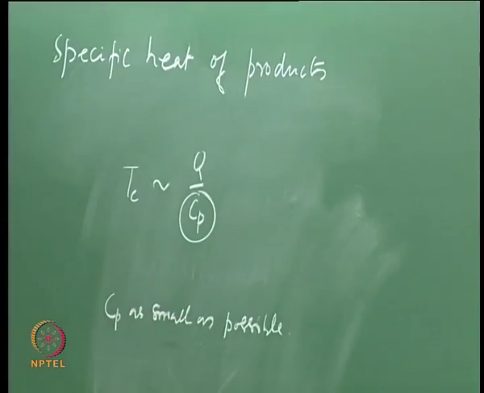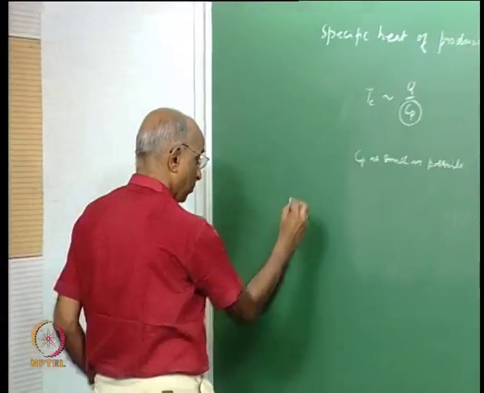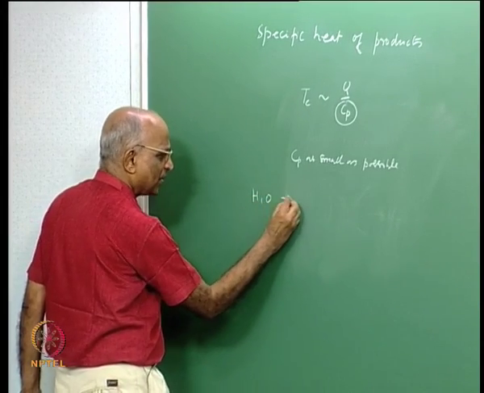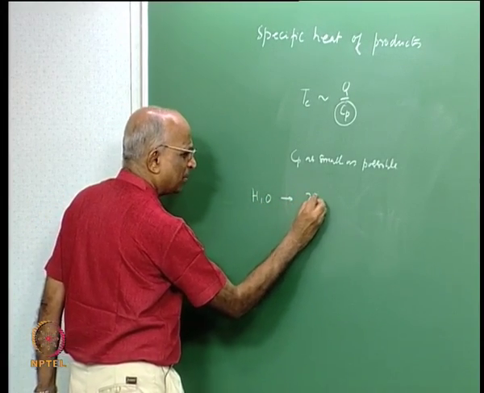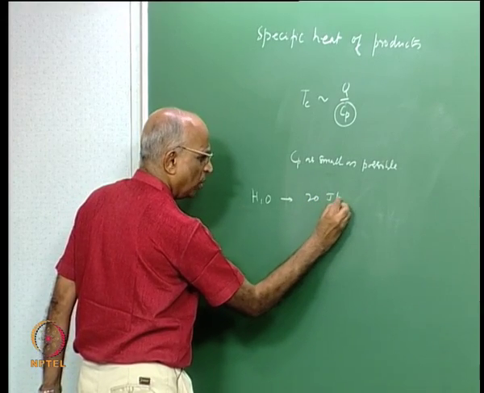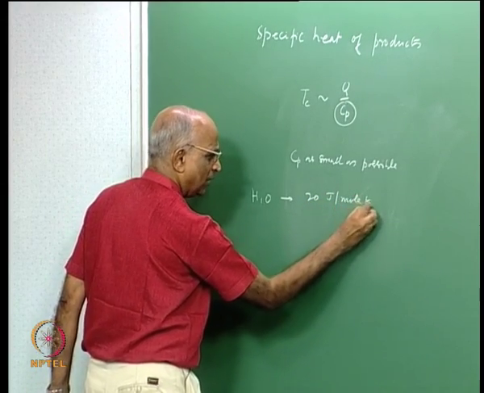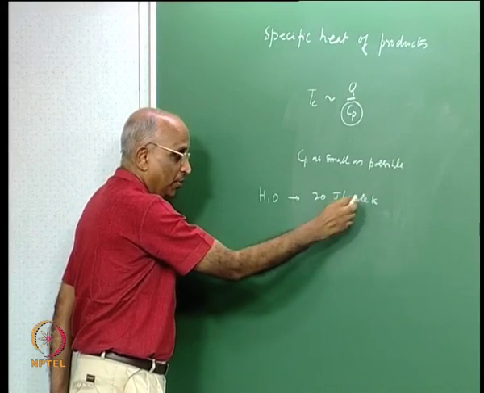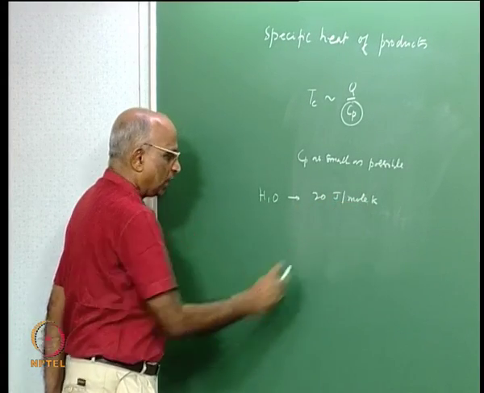All of us know that a single atom like hydrogen or oxygen atom, that is monoatomic, has a specific heat of the order of something like 20 joule per mole Kelvin. The unit of measure is joule per mole Kelvin.